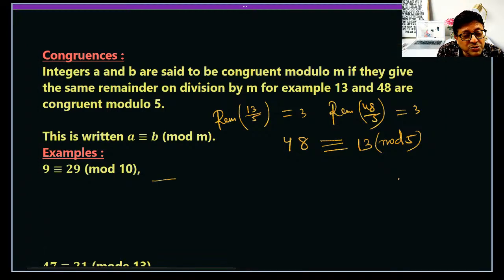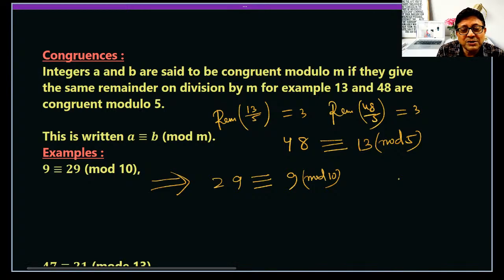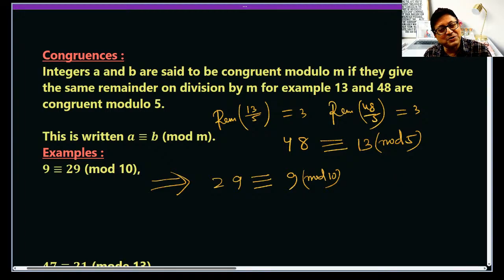You could have also written this form: 29 is congruent with 9 mod 10. Same thing, because 29 leaves remainder 9, and 9 is not divisible by 10, so the remainder is 9.